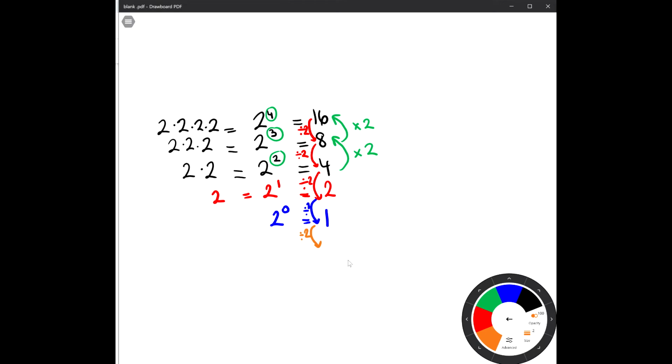Yes, it will give me 1/2. And if I follow the decreasing pattern from 2 to the 0, then I will get 2 raised to negative 1 power. Okay, you see that this pattern is in order.